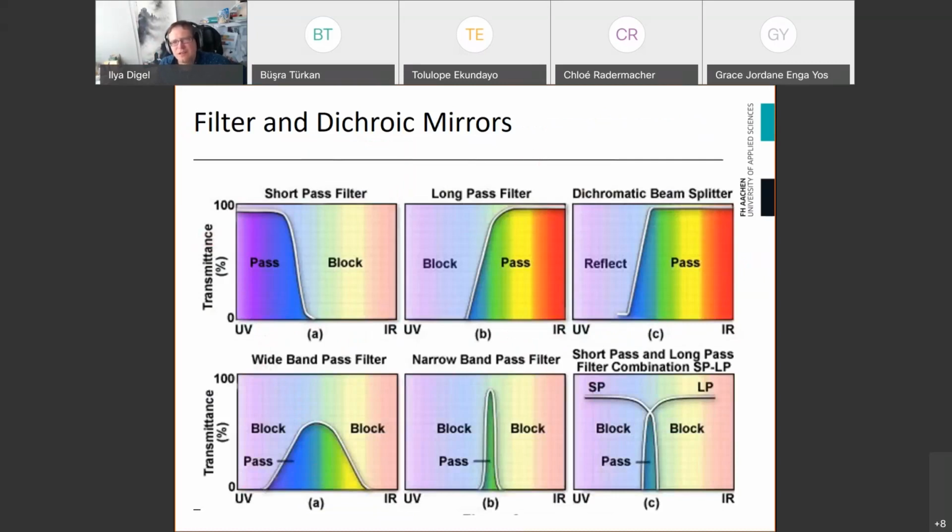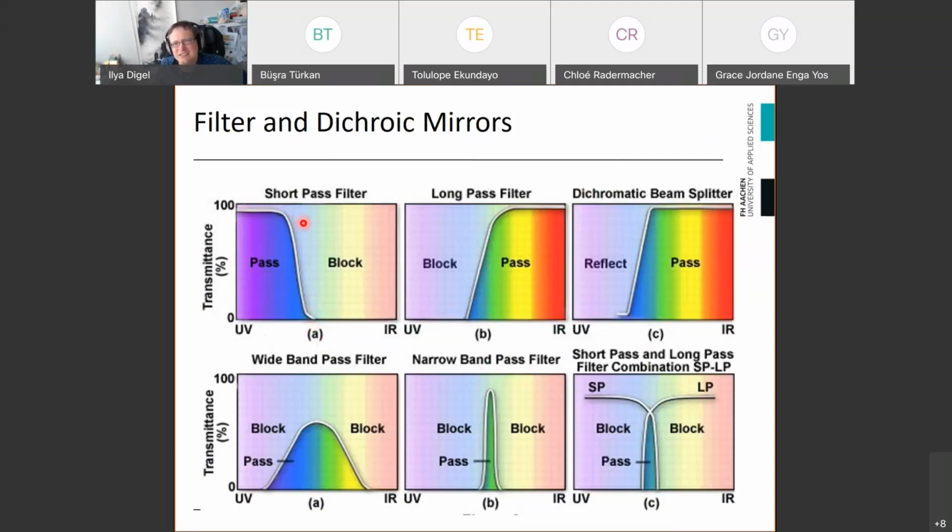Let me now show briefly what kind of filters and mirrors we use. And I think it's also quite fantastic what kind of options we have now. There's a so-called short pass filter. So the short pass filter basically is used for excitation.